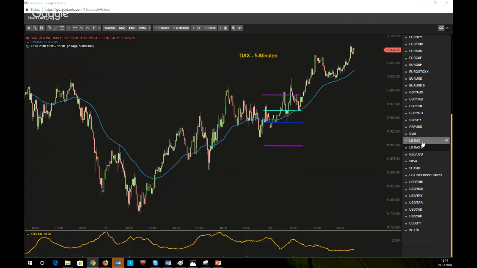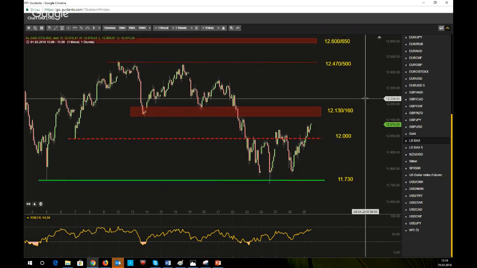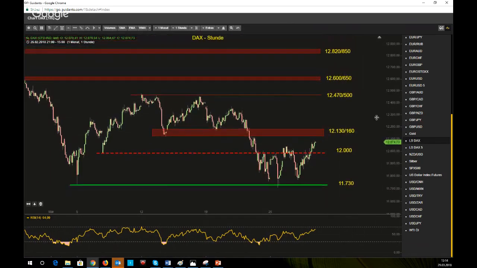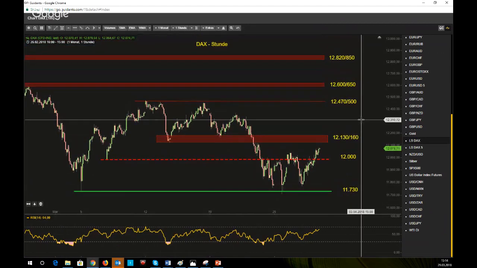Currently, it seems likely that we already make it to this quite significant resistance region here around 12,130, 12,160 points. So even though we are talking about the US market opening, I just want to give you an update on my main traded asset, which is the DAX.